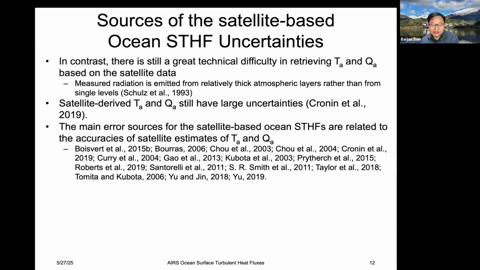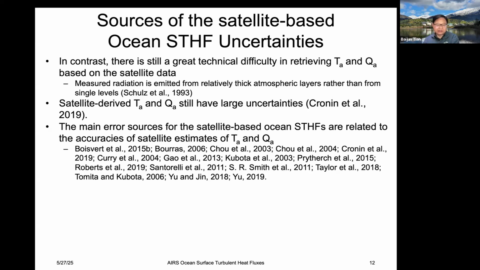However, for the near-surface air temperature and near-surface humidity, the satellite estimates still have a lot of technical difficulties. Especially for water vapor, it is based on the total column water vapor, measuring radiance from the relatively thick atmosphere, and retrieving the near-surface humidity from the thick atmosphere is very difficult.